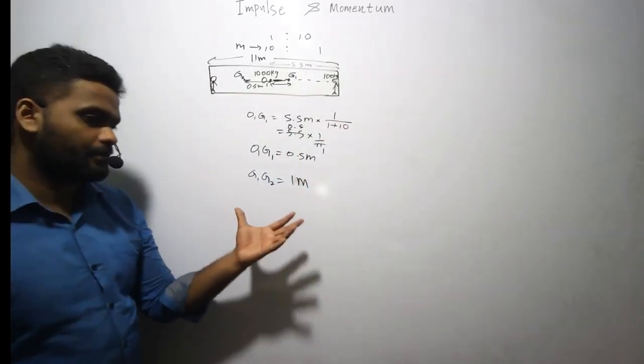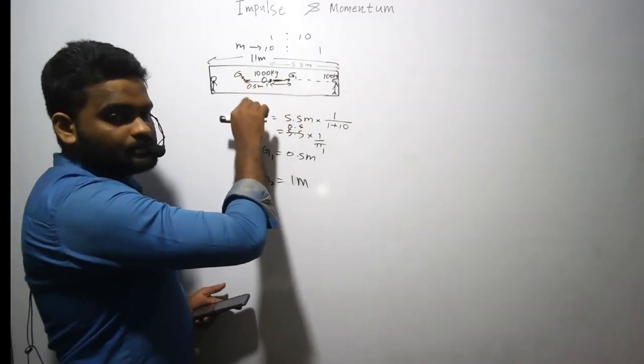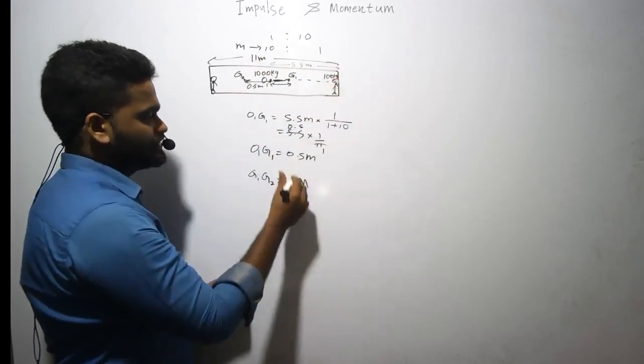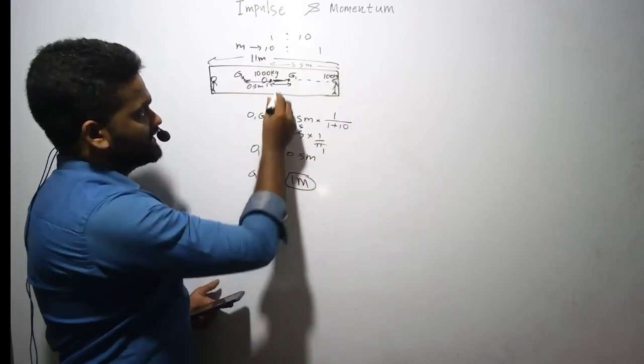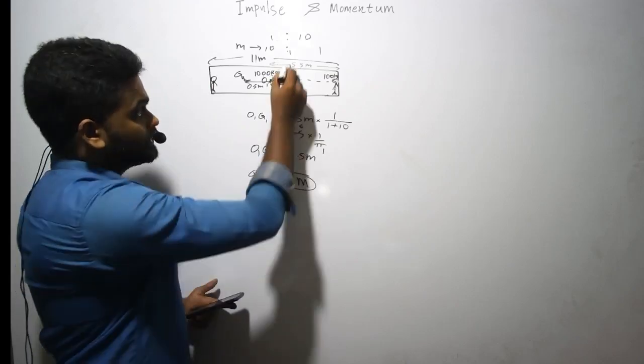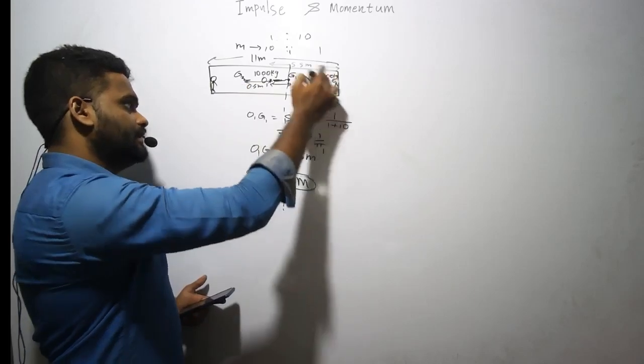But it cannot happen. So in order for this to stop, the carriage moves in the opposite direction by 1 meter, keeping G1 at the same place relative to Earth. I'm applying everything relative to Earth, not relative to the carriage.